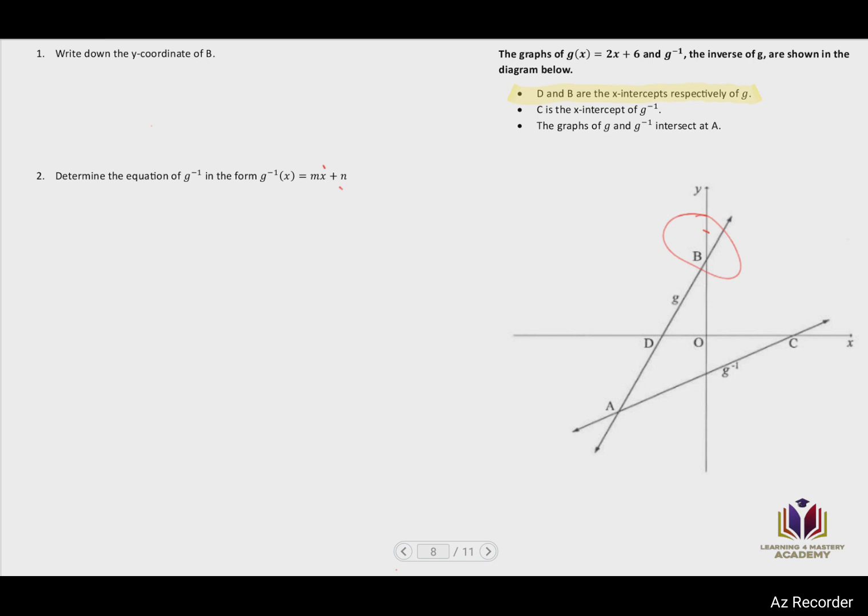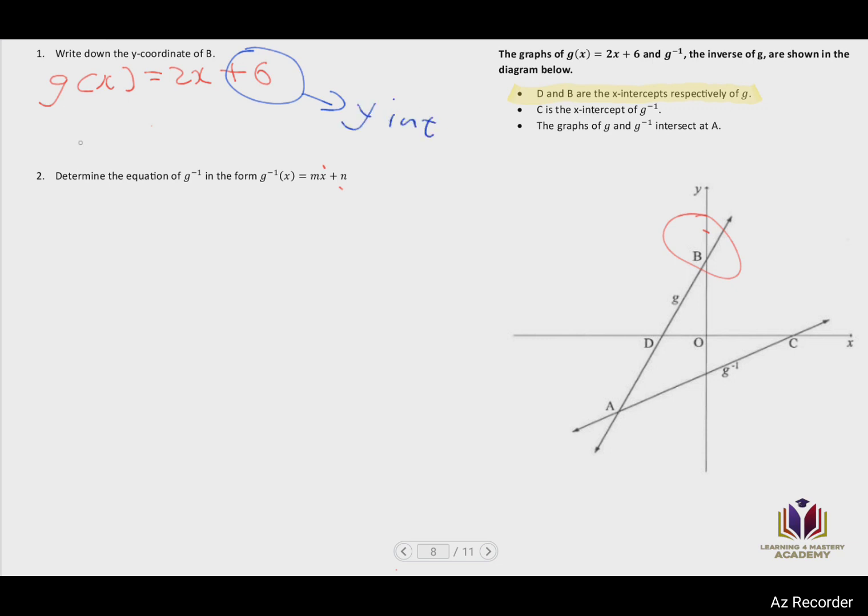How do we calculate the y-intercept? We said let x be 0, but for a straight line like this one, it's very simple. You don't have to calculate it. That's why they didn't say calculate. They said write. So you see the constant in the equation, which would be this guy here, is the y coordinate of the y-intercept.